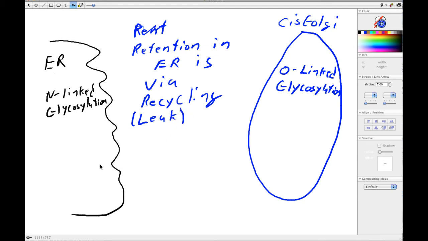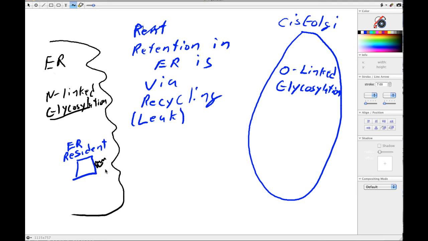So there's a small amount of ER resident proteins that will have N-linked glycosylation.